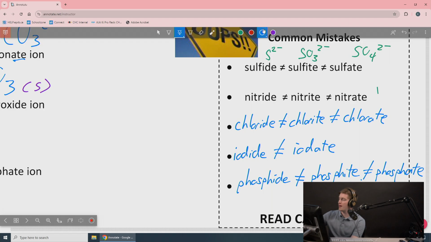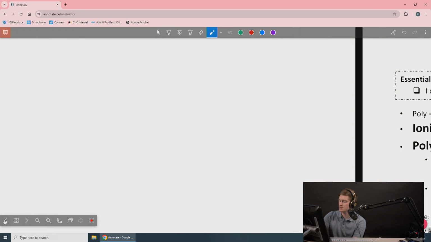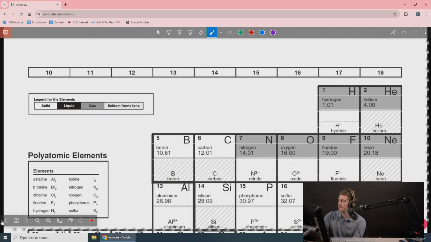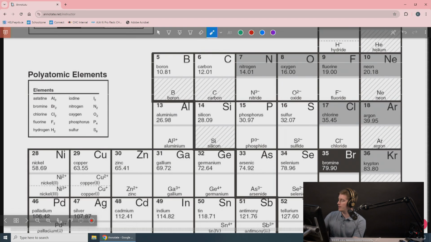Similarly, nitride, which is N 3-, is not the same thing as nitrite, which is NO2, just a single minus, or nitrate, NO3, with a single minus. Feel free to throw in the other ones on top here, but I didn't give myself a whole lot of room. You'll find that chloride is not the same thing as chlorite, not the same thing as chlorate. Yes, those names are similar. Chloride would be here, just like phosphide is here.